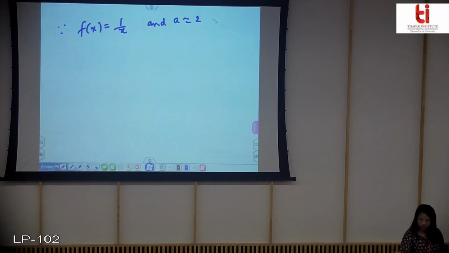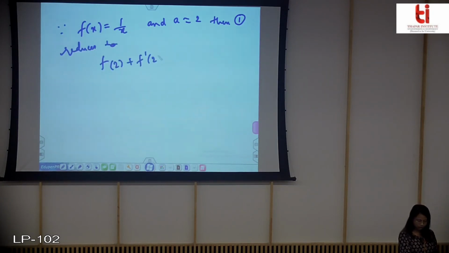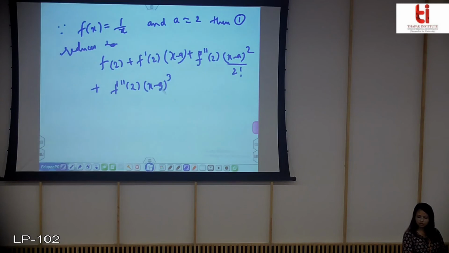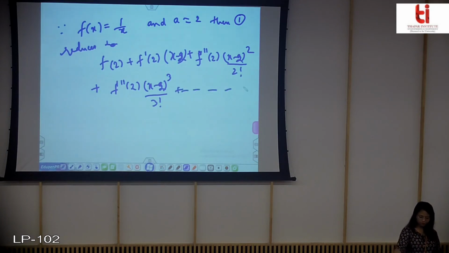So since f(x) is equal to 1/x and a is equal to 2, it reduces to f(2), f'(2)(x - 2), f''(2)/2!(x - 2)^2, then f'''(2)/3!(x - 2)^3 and so on. Now call this equation number 2.